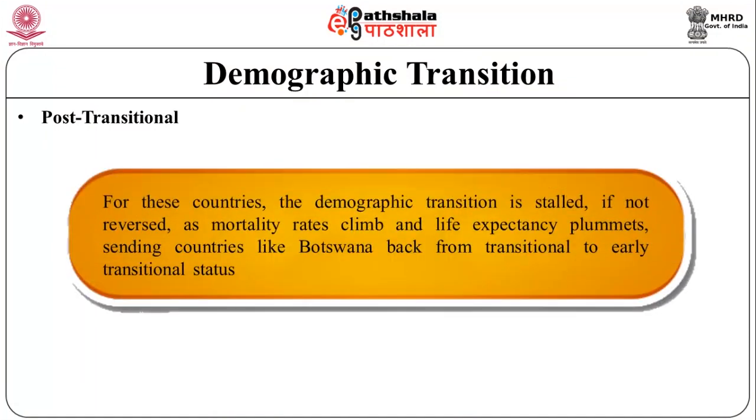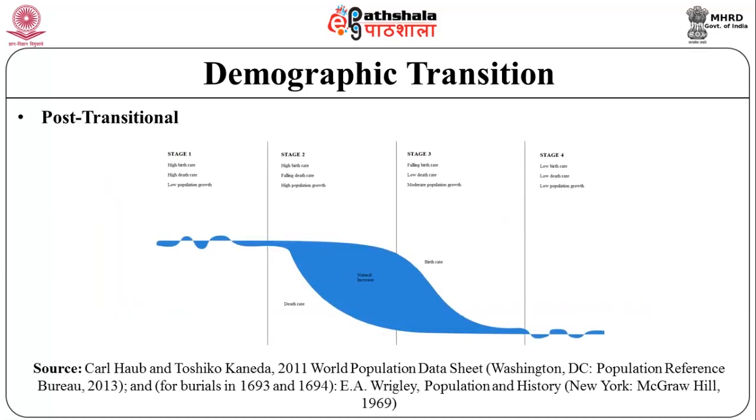For these countries, the demographic transition is stalled, if not reversed, as mortality rates climb and life expectancy plummets, sending countries like Botswana back from transitional to early transitional status. Now you can see the source from where this figure has been taken.